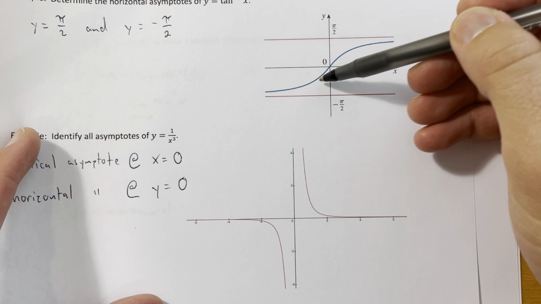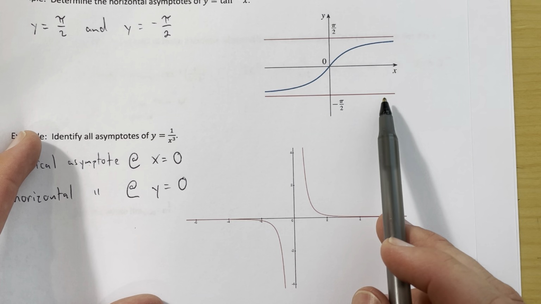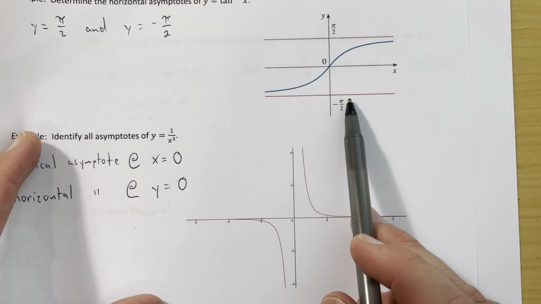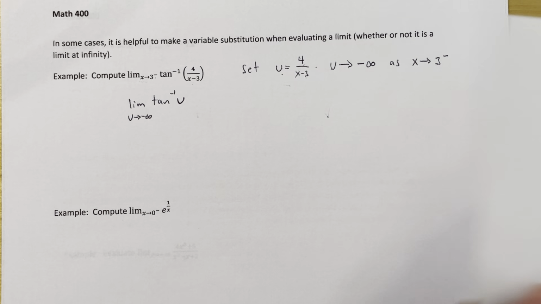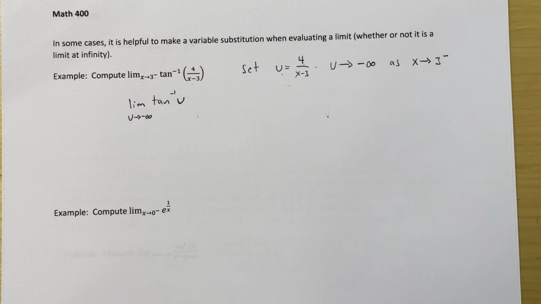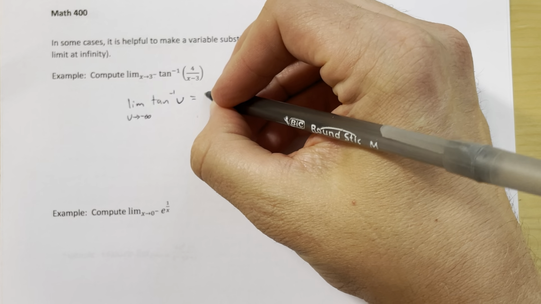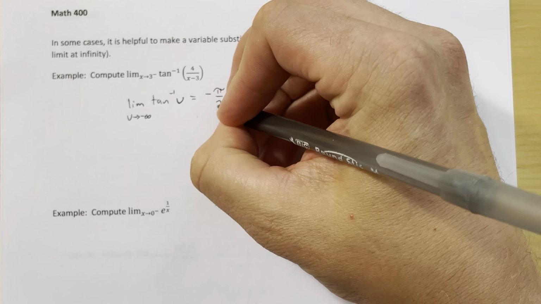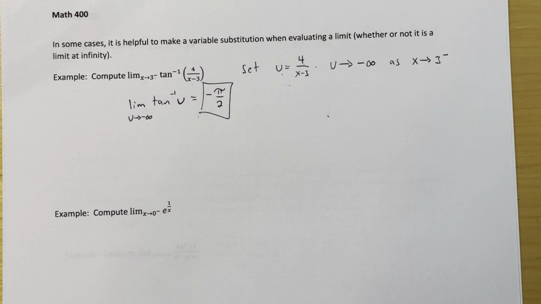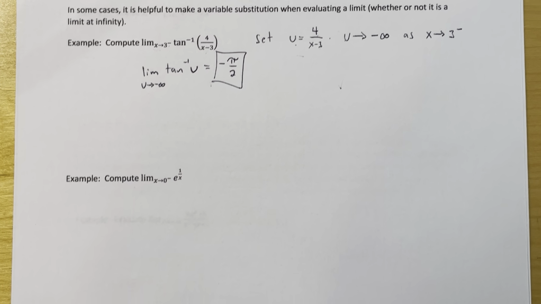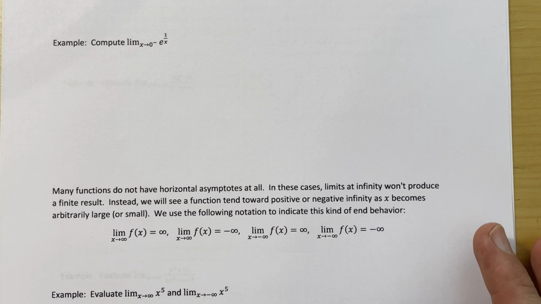As x approaches negative infinity, our inverse tangent function has a horizontal asymptote that it's approaching, negative pi over 2. And again, it doesn't matter that we're calling it u here, this would do the same thing. This is approaching negative pi over 2. So that's one example where a variable substitution is a nice one to use. Here's another example.